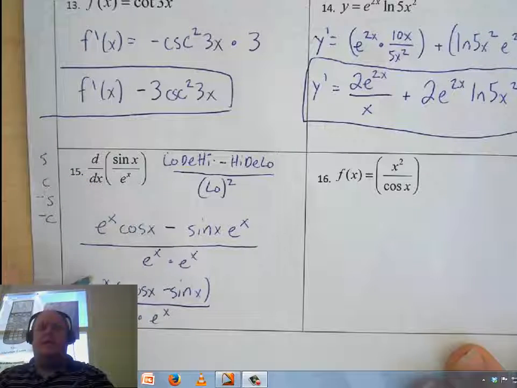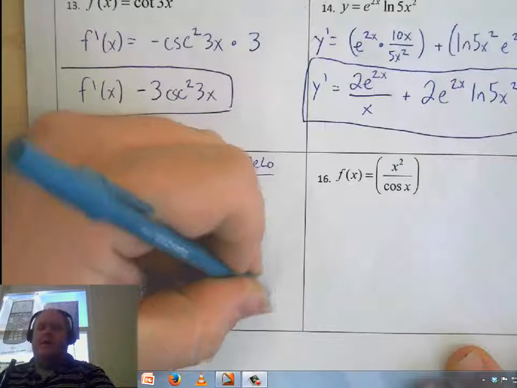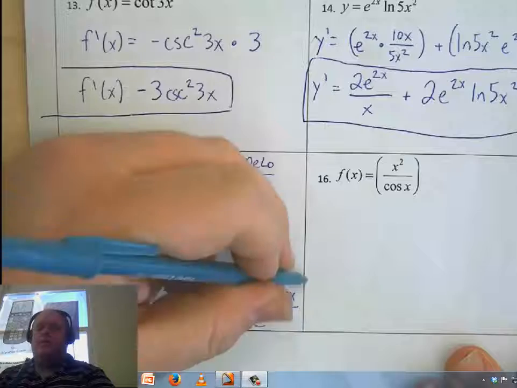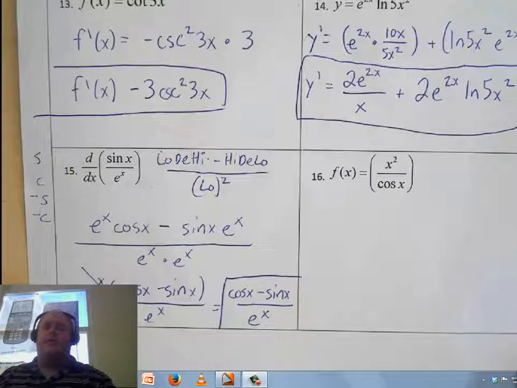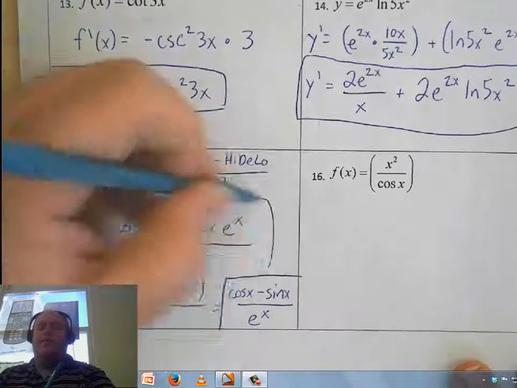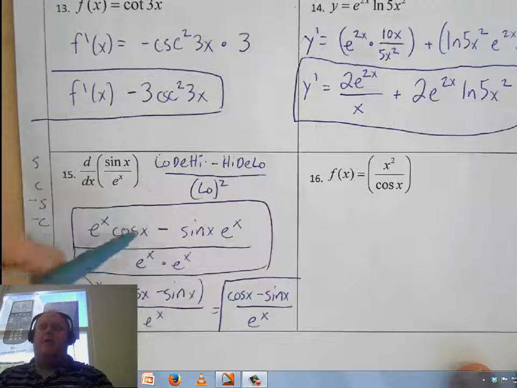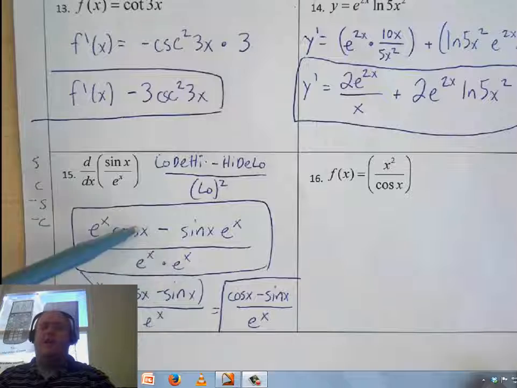Well, these e to the x's cancel, so my answer is cosine of x minus sine of x over e to the x. That would be the most simplified answer you could come up with. Okay. Again, even this would get full credit. All right. So I don't think we're going to penalize making a mistake from here to here, but if on the multiple choice test, you need to be able to simplify that. So you need to see how that works.